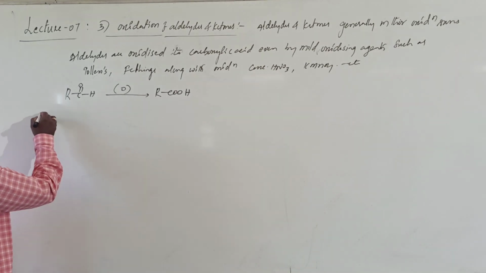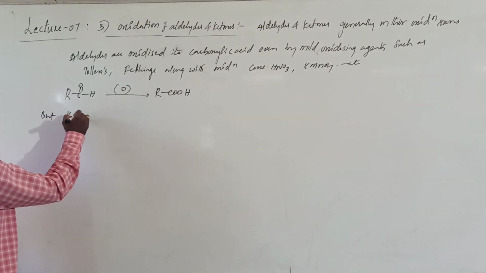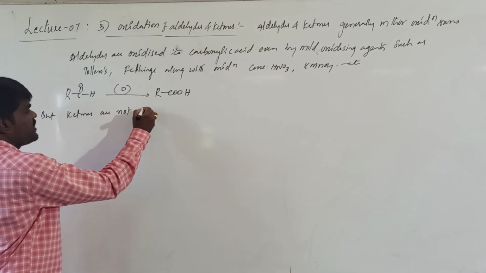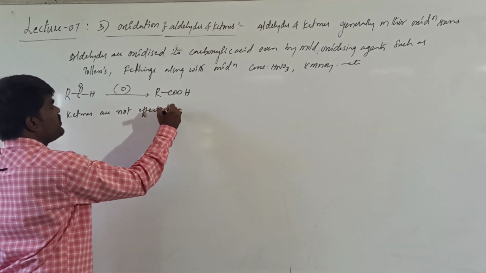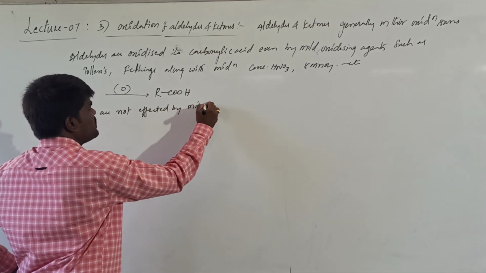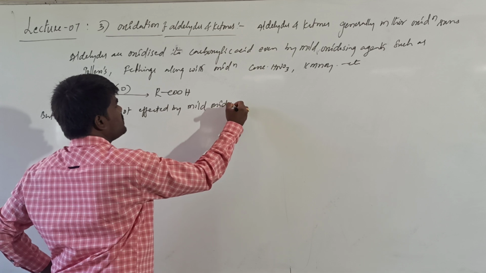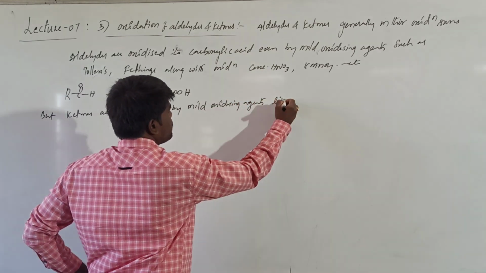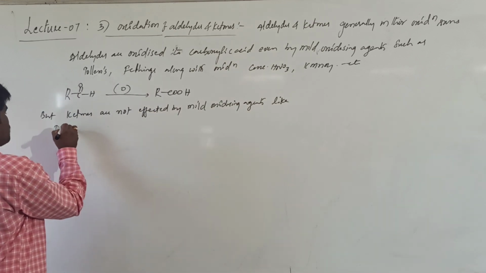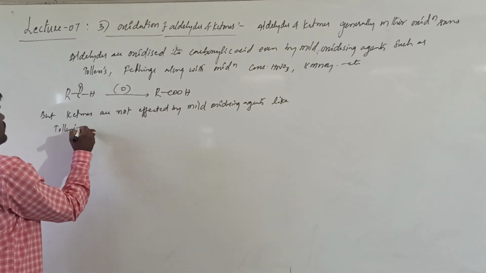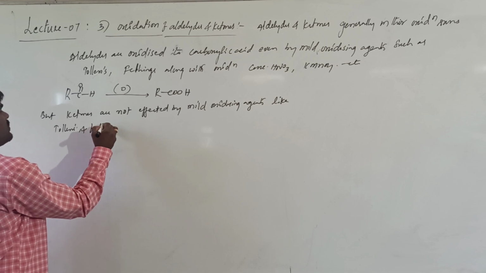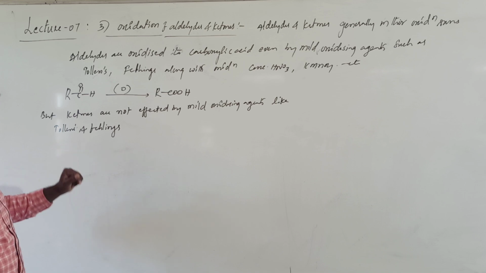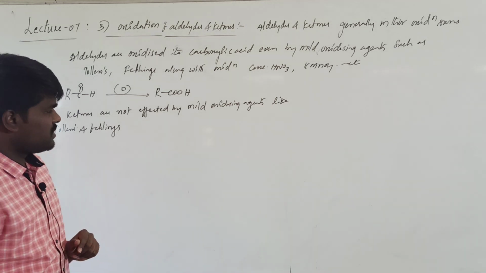But ketones are not affected by mild oxidizing agents like Tollens' and Fehling's reagents. Hence, by using these you can distinguish between aldehydes and ketones.